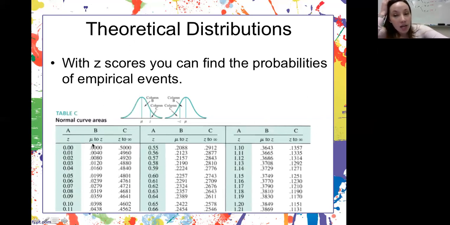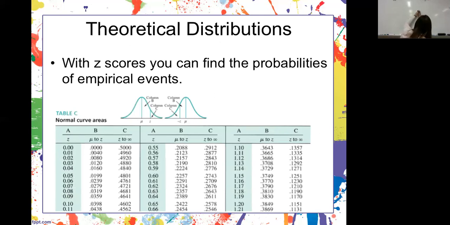Column B tells us about the points on the distribution. Let me draw this out so it makes a little more sense. Column B on the z-distribution gives us the probability of an event, or probability of a z-score rather, between the mean and a given z-score.